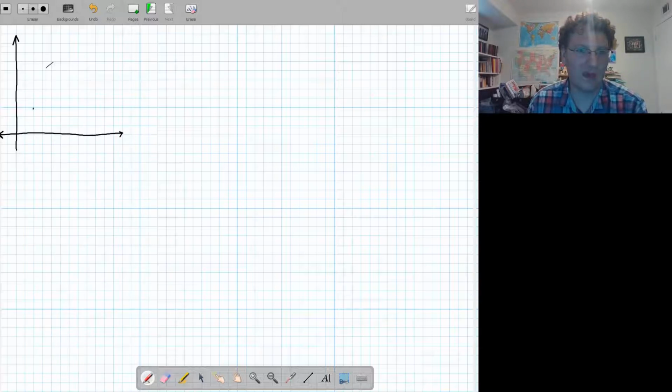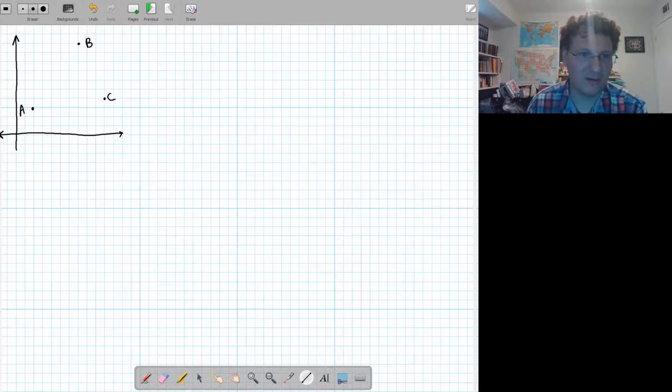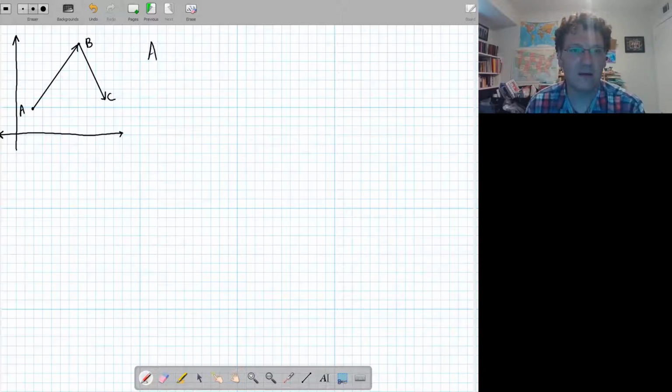I'm going to start at point A, go to point B, and then go to point C. Now I'm going to put them in nicely with lines, A to B and B to C. If we start at A and go to B, we can represent this movement as the vector AB, and then to C along vector BC.